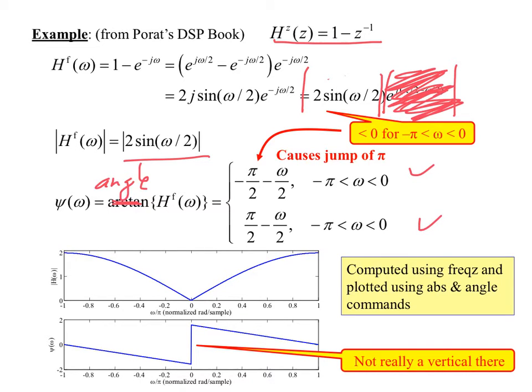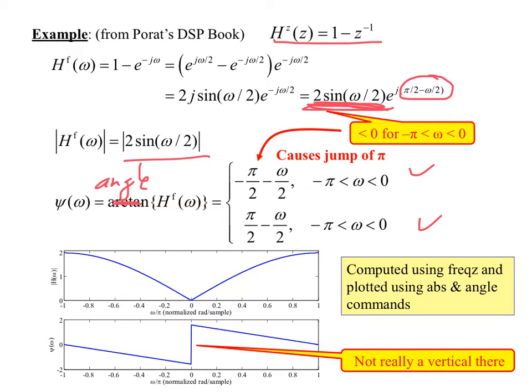Well, let me back up, clear some of this stuff off. If we take the angle of this thing, we're going to have this part of it, but we'll also have a jump of pi because this thing changes its sign.